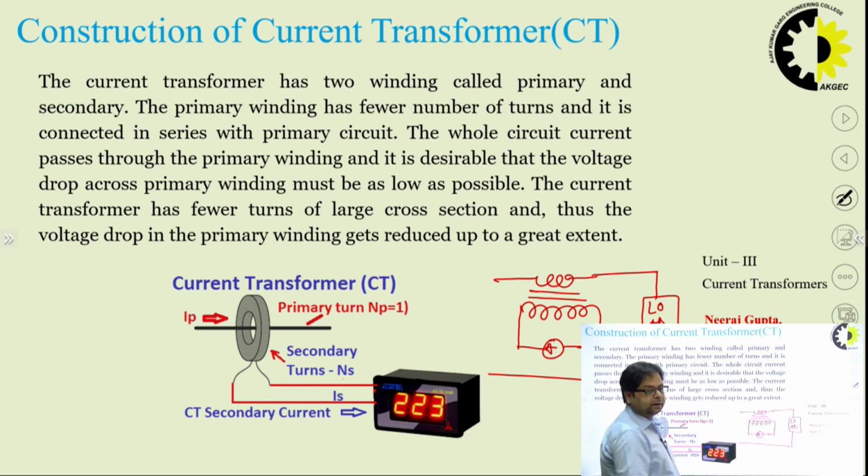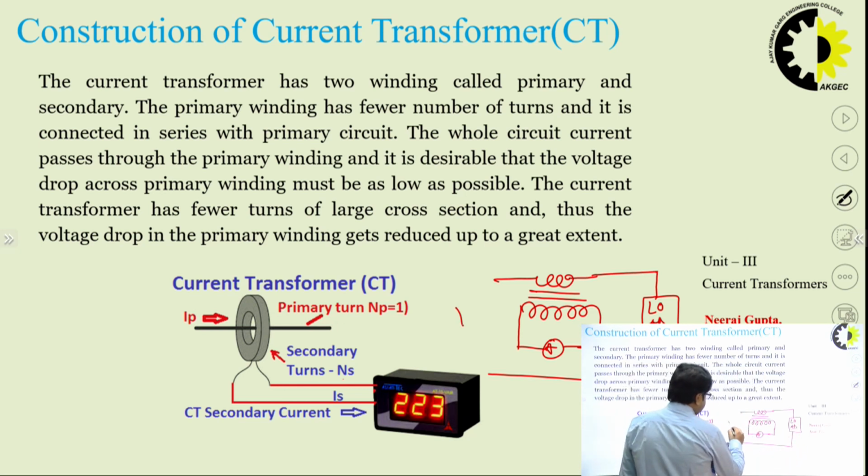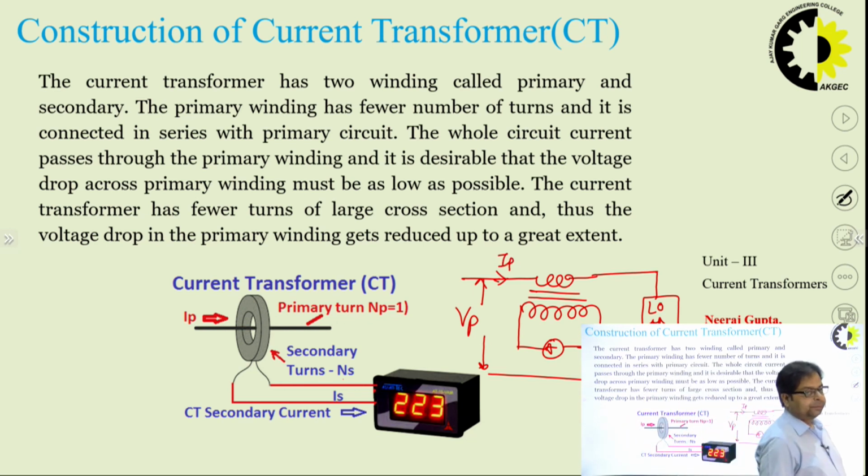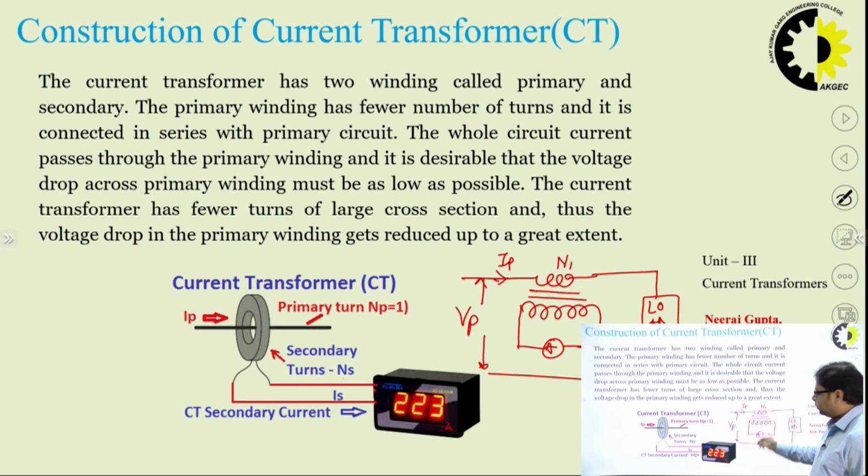This is our line current, this is the wave peak to peak voltage coming over here, and this is our primary current IP. This is the primary winding of the CT, N1, and this is the secondary winding NS of the current transformer.